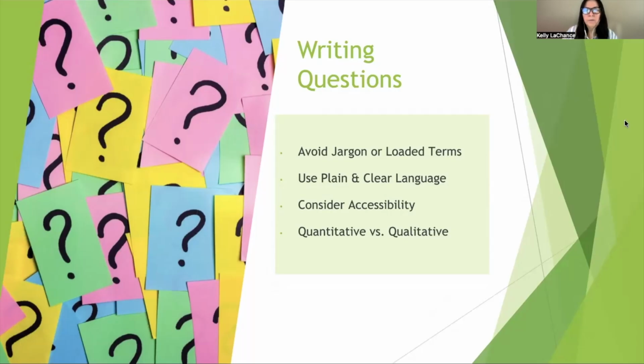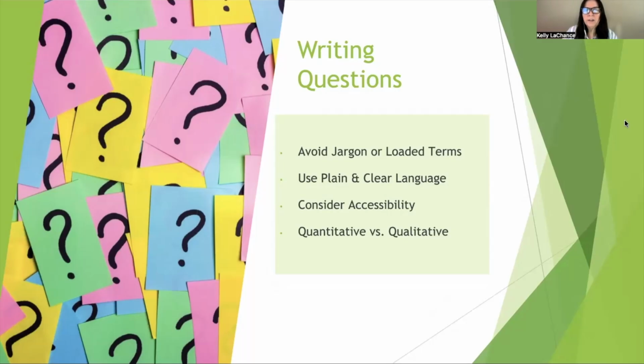Next, you want to use plain and clear language, and also consider accessibility. You probably want to do an accessibility check, especially if this is going out to a wide range of folks within your community and elders. You want to make this readable and easy to follow as well.